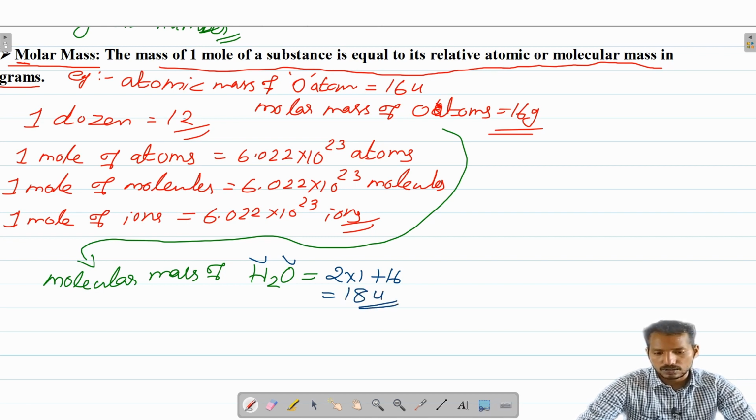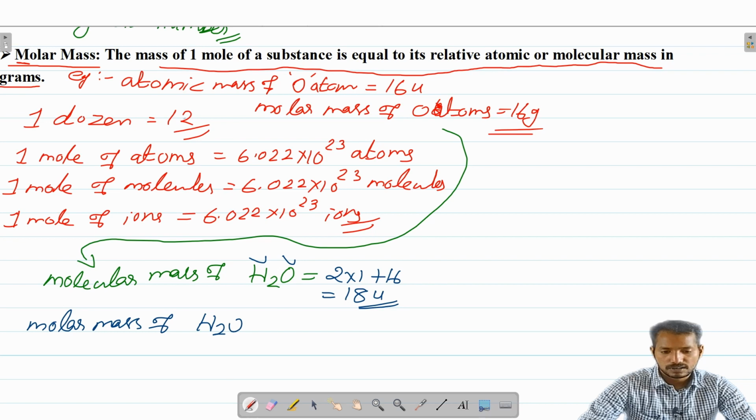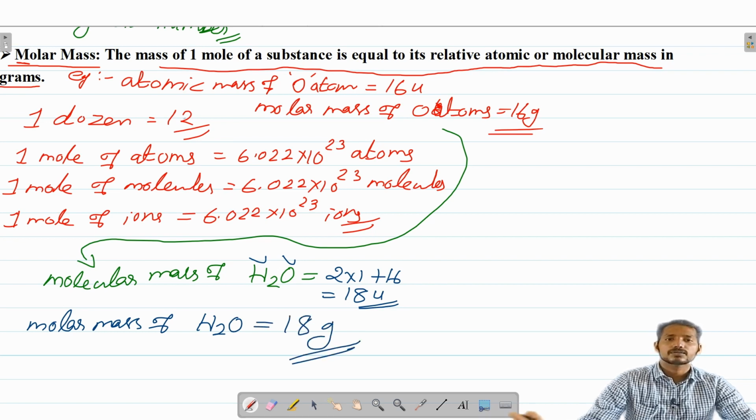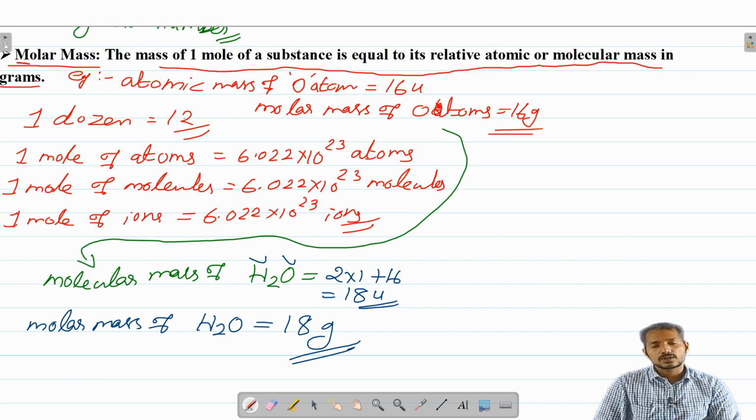So the molar mass of H2O is equal to 18 gram. Whether it is atoms or ions or molecules, whatever it is, the molar mass will be the value of the atomic or molecular mass expressed in grams. Clear? So this is the way we can find molar mass.